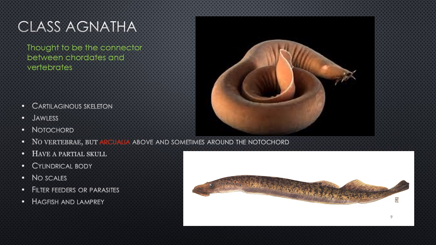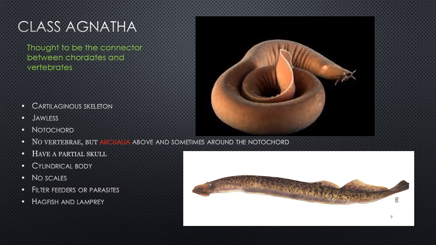So let's start with our class Agnatha. Like I said, they are some of the simpler fish, so they're thought to be the connector between chordates and vertebrates. And just a couple of things that mark this class. Like I said, they're cartilaginous still. They're jawless. They do still have a notochord, but they don't have vertebrae.